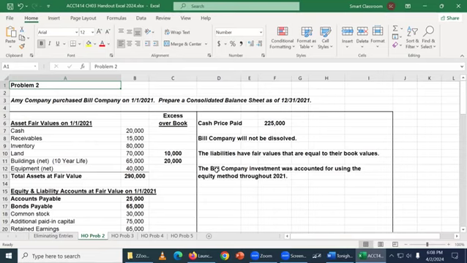The nice thing about chapter 3 is we're assuming that everything is purchased at 100%. So we're buying the entire company. There's none of this, we own 30% of it, we take 30% of the stuff. It's all 100%.